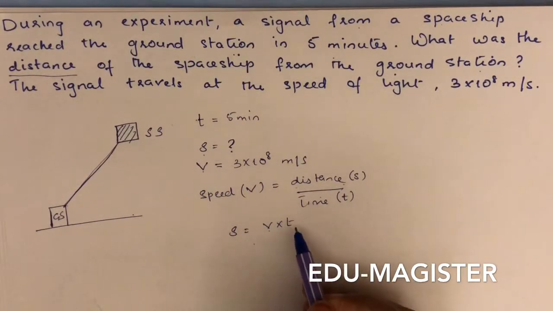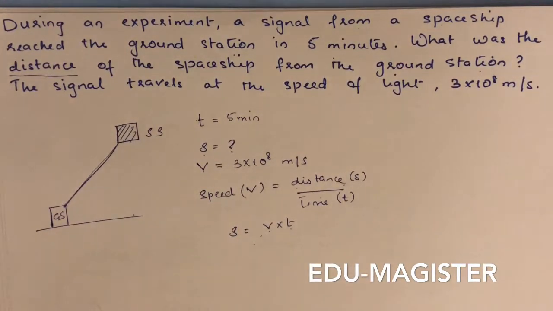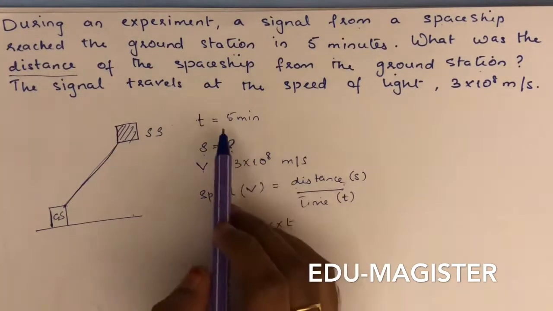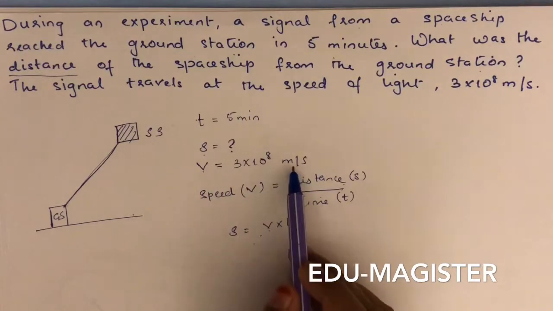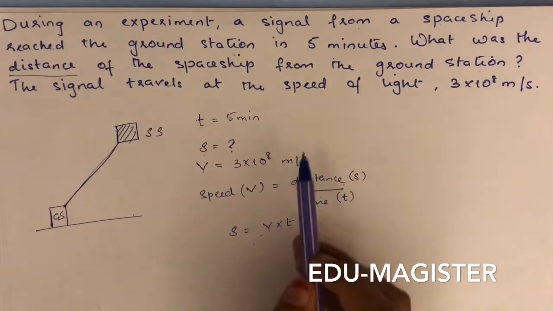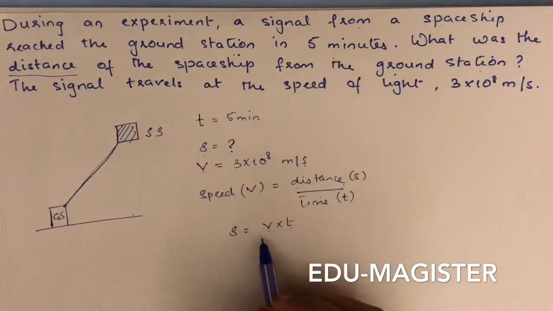Now before substituting the values into this formula, we must check that whether the units are consistent or not. Here time is given in minutes, whereas speed is given in meters per second. So we need to convert this minutes to seconds before substituting into the formula. This is a very important step that you guys need to keep in mind.